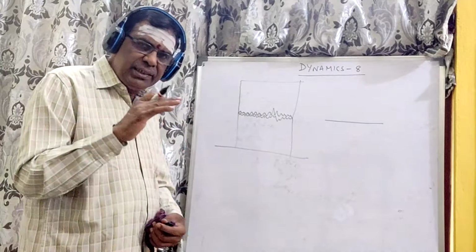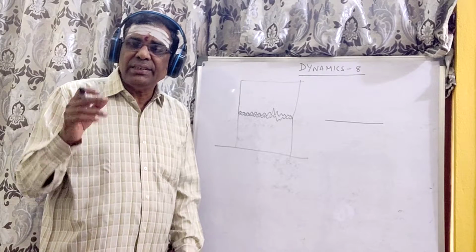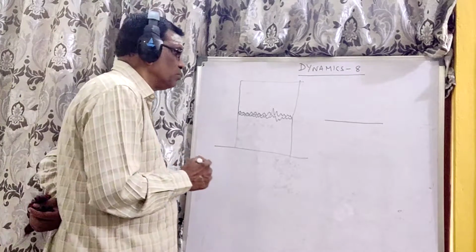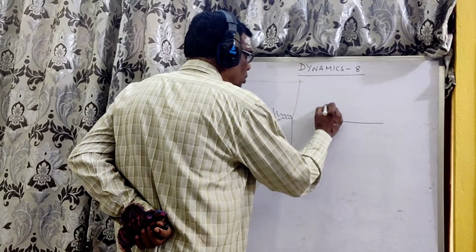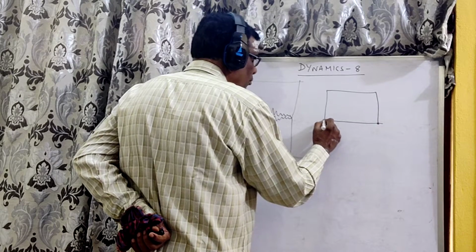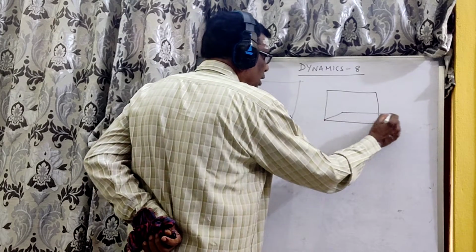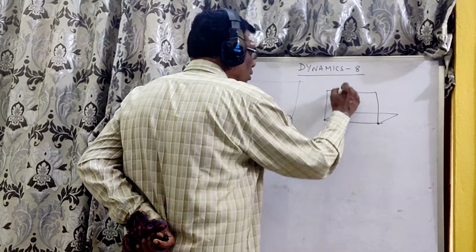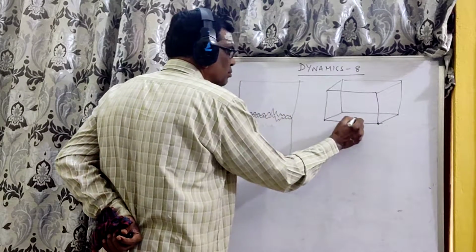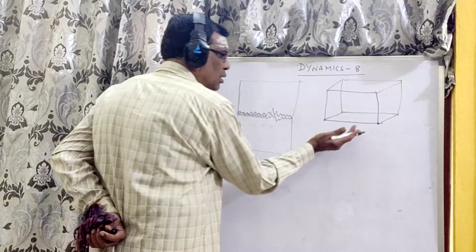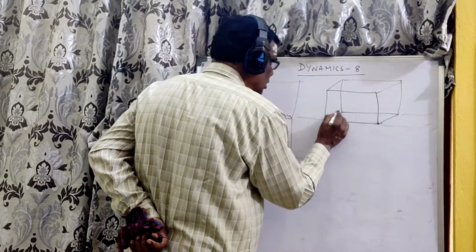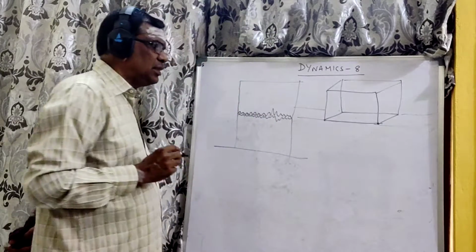If you press it, the number of contact points increases and consequently the force also increases. Now, suppose I take a body, the contact points are at maybe several points. This is a 3D picture I am trying to draw. Okay? And so if this is the surface, that is the surface.